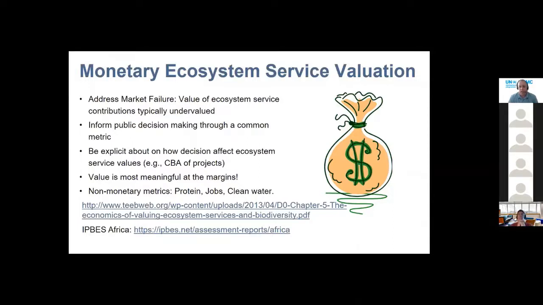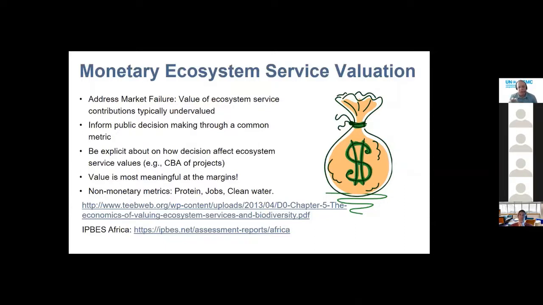They also allow comparisons of investments in ecosystem conservation or restoration against investments in other public goods, so returns on education, for instance. And they're useful for better understanding the economic implications of ecosystem impacts from projects on a case-by-case basis, so we can look at economic benefits of project implementation versus the value of ecosystem service loss associated with it.